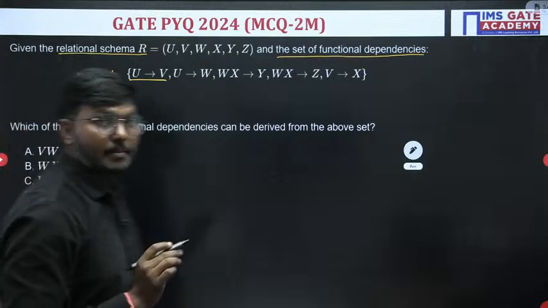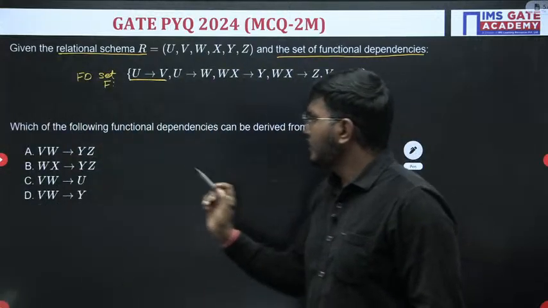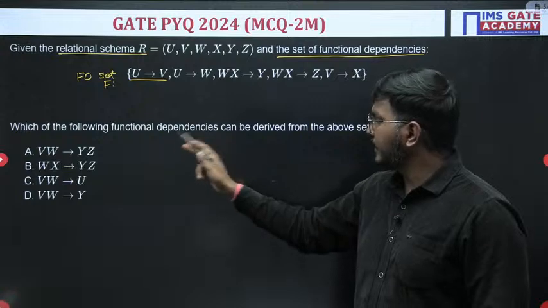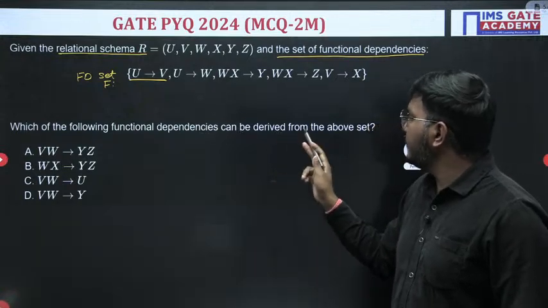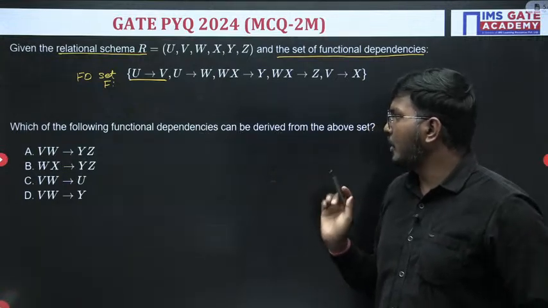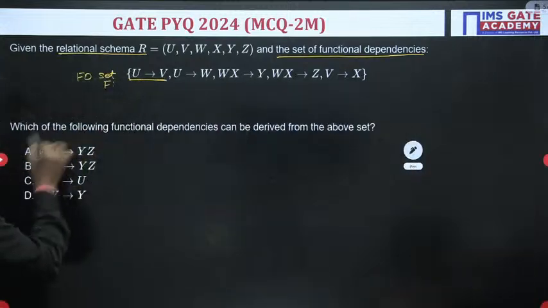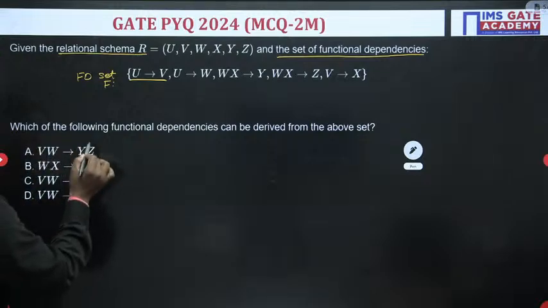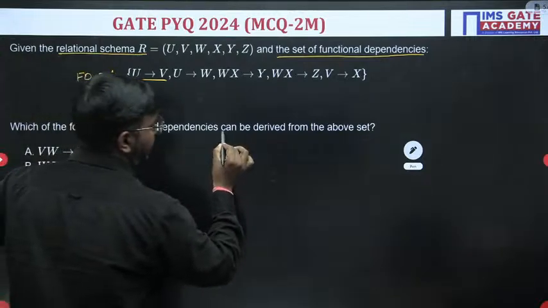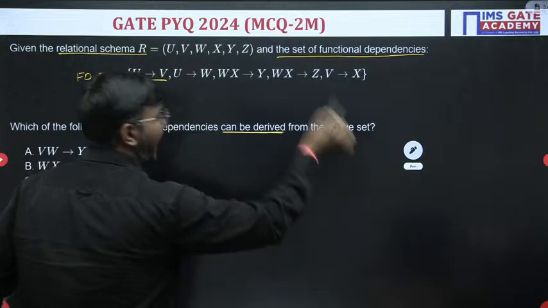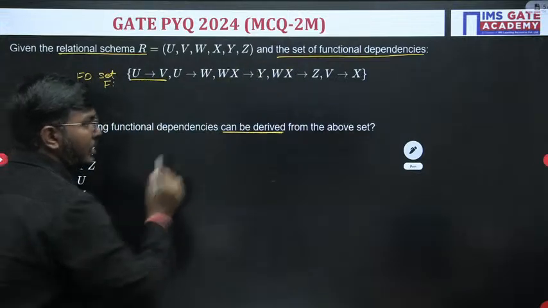Now the question is: which of the following functional dependencies can be derived from the above FD set? So what does derived mean?